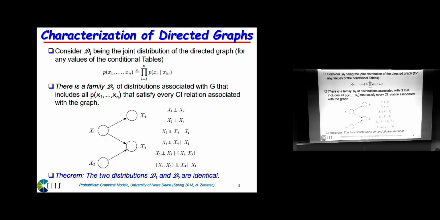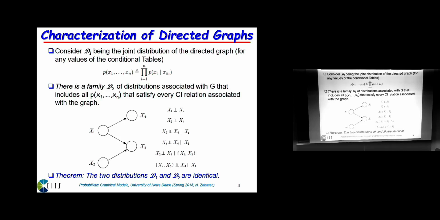So, just think that you have 2 types of families of distributions. One, the family of distributions that factorizes this way over the graph, and then another family of distributions that satisfies all the independence relations defined by the graph.